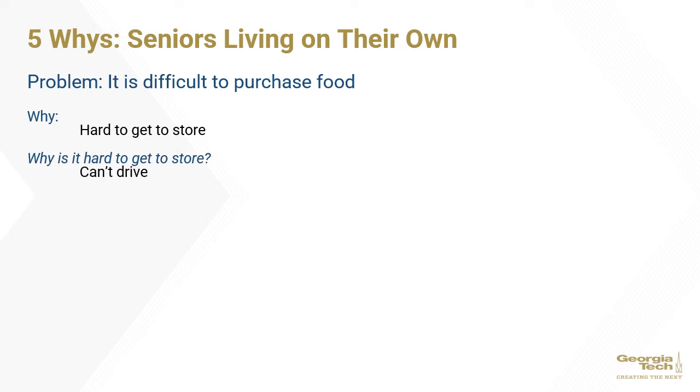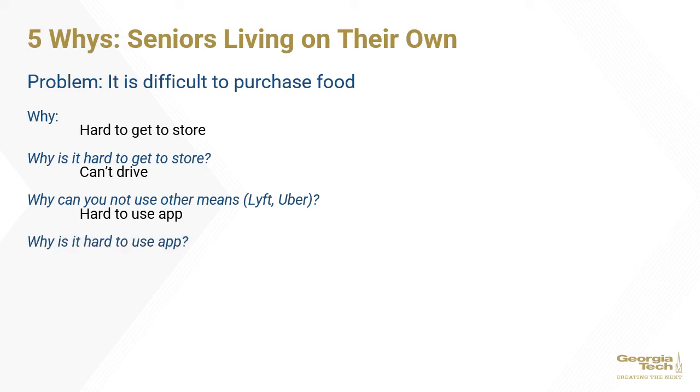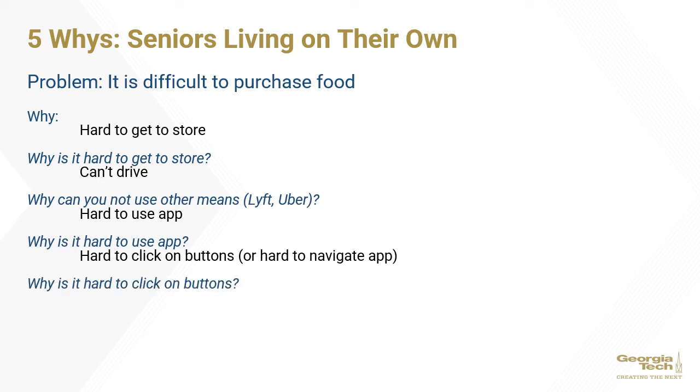Well, I can't drive anymore. Okay. Why could you not use other means like Lyft or Uber? It's hard to use the app. I've tried it and it's really hard to use. Okay. Why is it hard to use the app? It's hard to click on the buttons, or maybe they say it's hard to navigate the app.